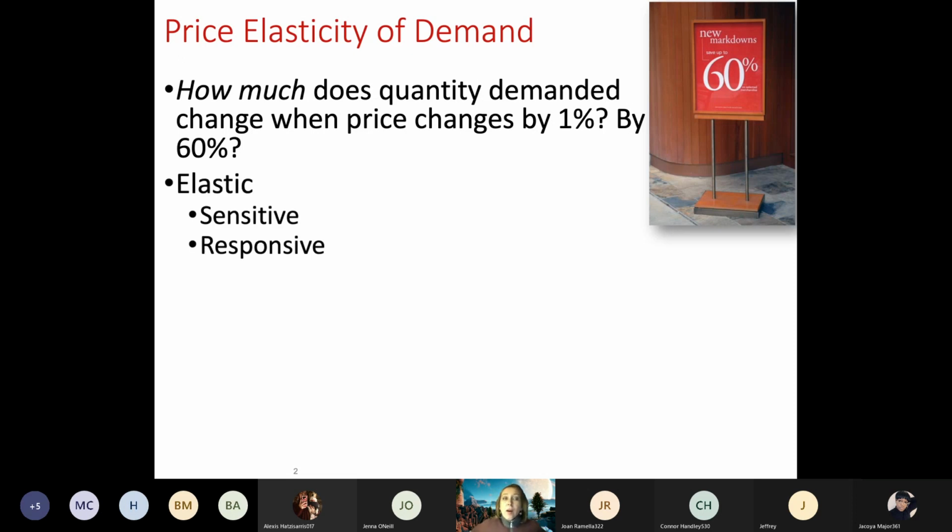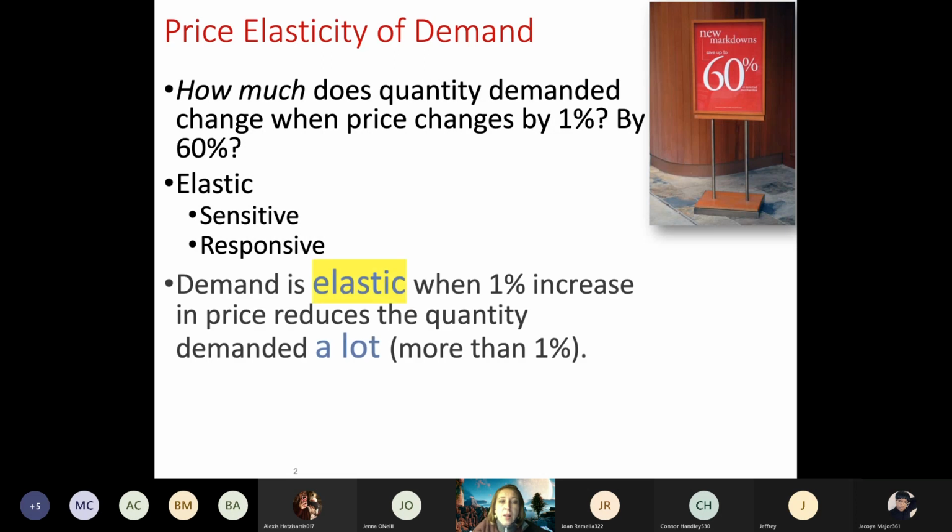So the word elastic means responsive or non-responsive to price changes. When demand is elastic, it is sensitive to changes in prices. Specifically, demand is elastic if a price is increased by 1% and the quantity demanded decreases by more than 1%.